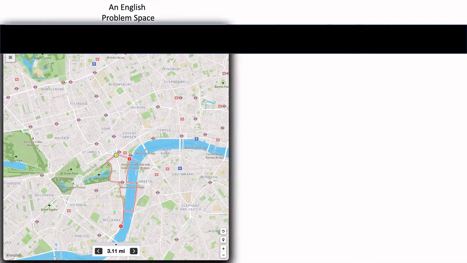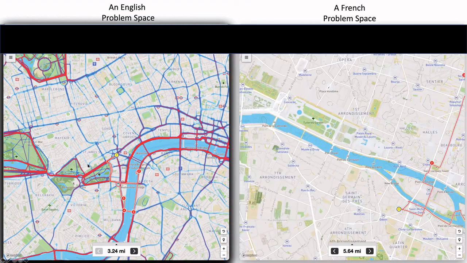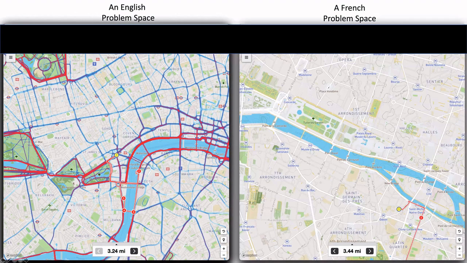And eventually, over time, we develop this rich procedural knowledge of London. But what have we learned here? We've learned the relations between the key features of London. Think of a French problem space and landing in Rue Suget and doing the same thing there.